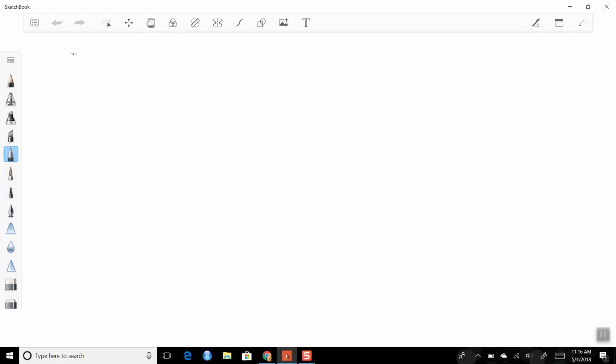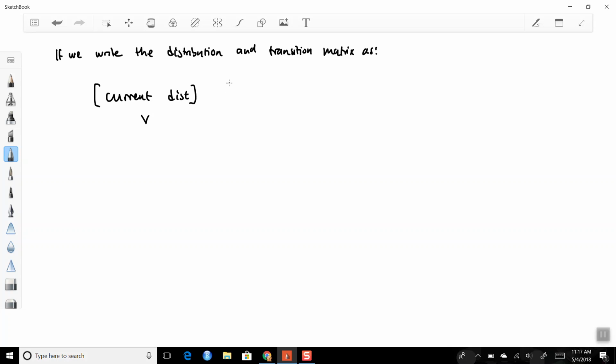Okay, so our notation is just slightly different from what that page has, but if we write the distribution and transition matrix as basically the current distribution, some vector V, times the transition probability matrix P, this will be our next distribution.